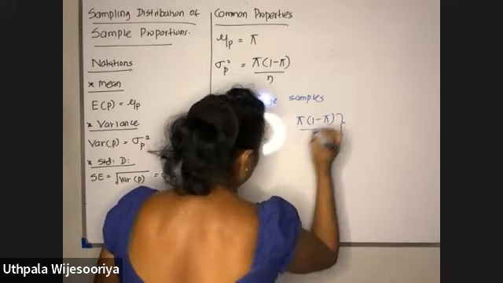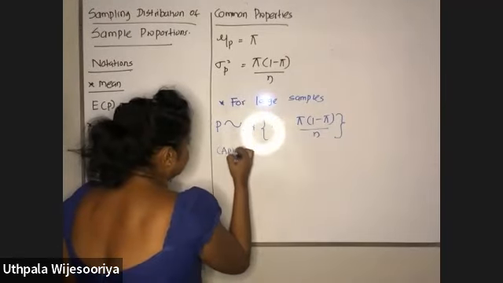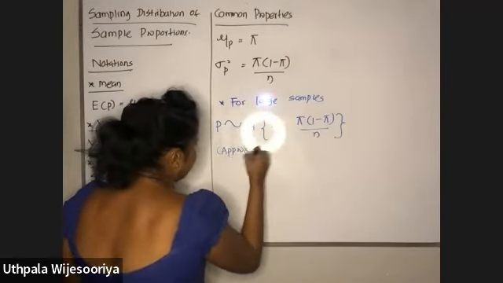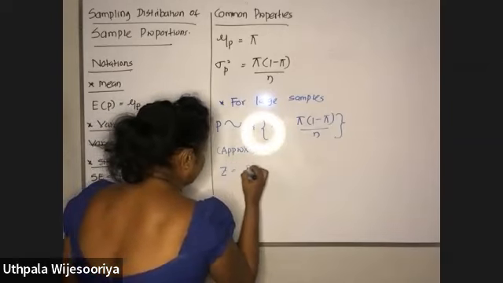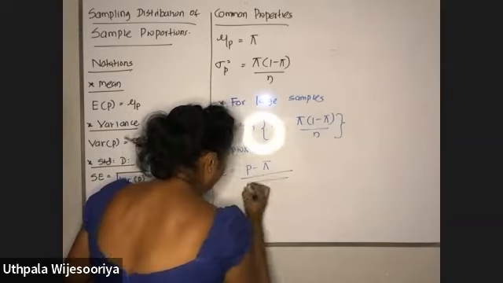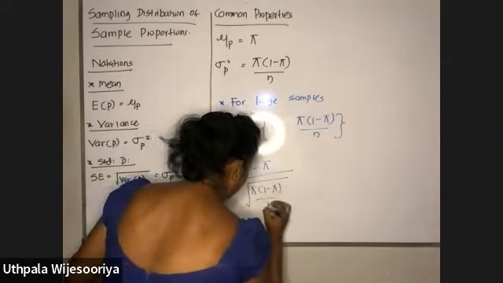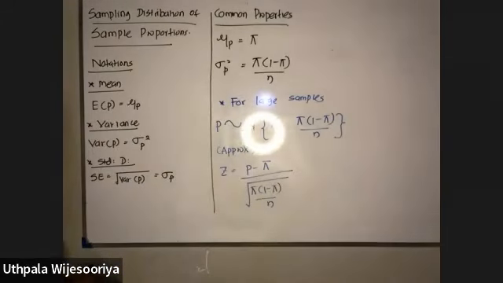So the Z value is equal to P minus pi divided by the square root of pi into 1 minus pi over n. Now this is regarding the sampling distribution of sample proportions.